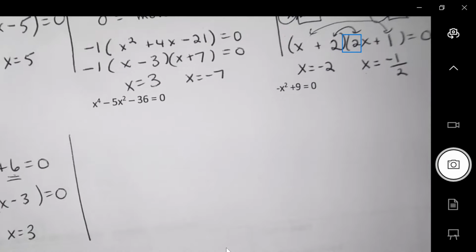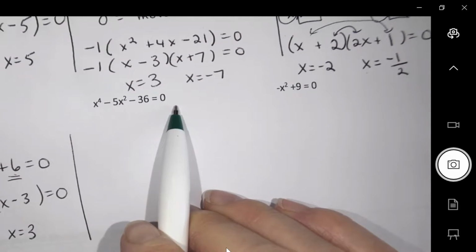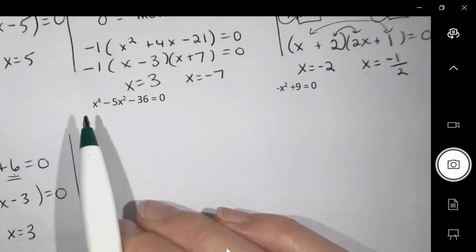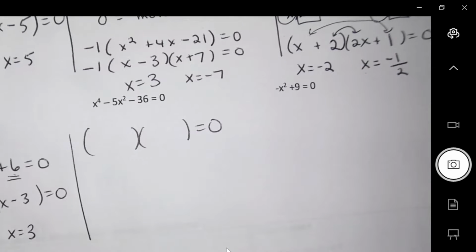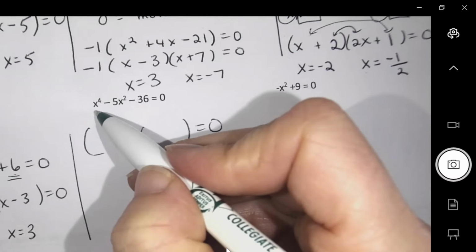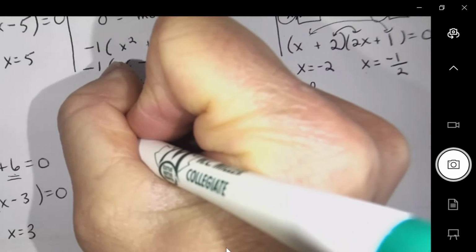Okay, the middle one here. So this one is ready to go. It has a 0. No negative leaders. I don't like negative leaders. So I'm going to start this as a binomial. Okay, what times what, first times first, makes that? X squared.